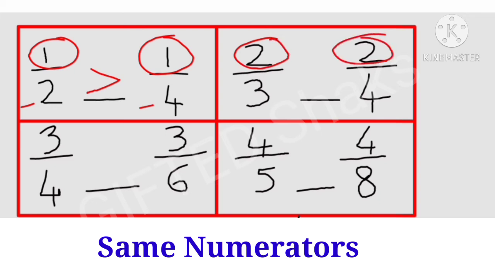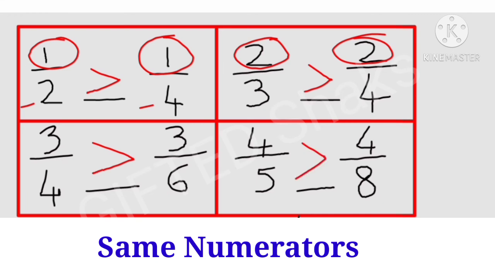Now 4 is bigger, so this is smaller. 3 is smaller, so this is bigger. As I said, this goes reverse, the opposite. Now here again, you have same numerators. Denominators are different. So here again, this is greater, and in this case too, the smaller one is this side and this is greater.